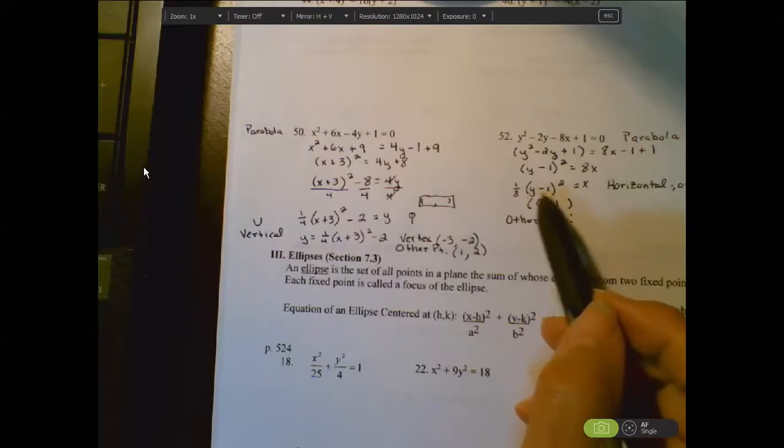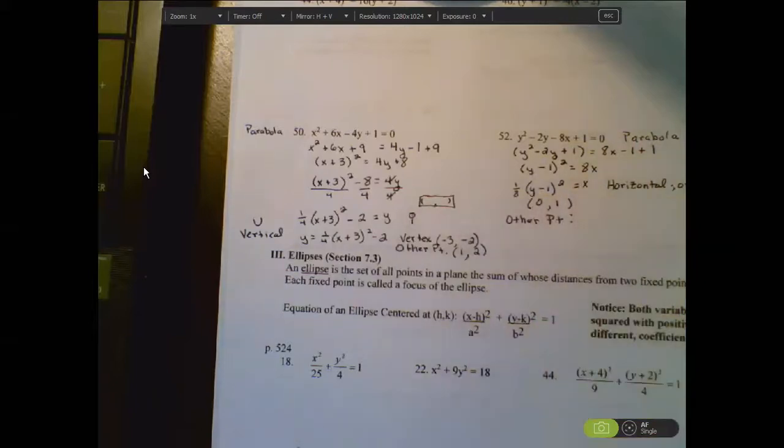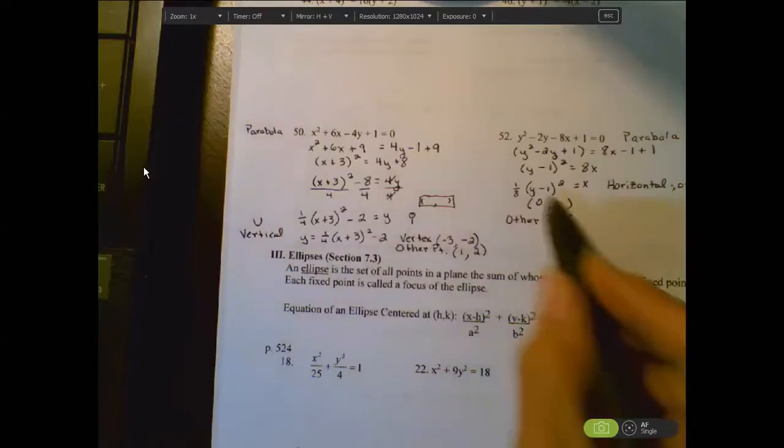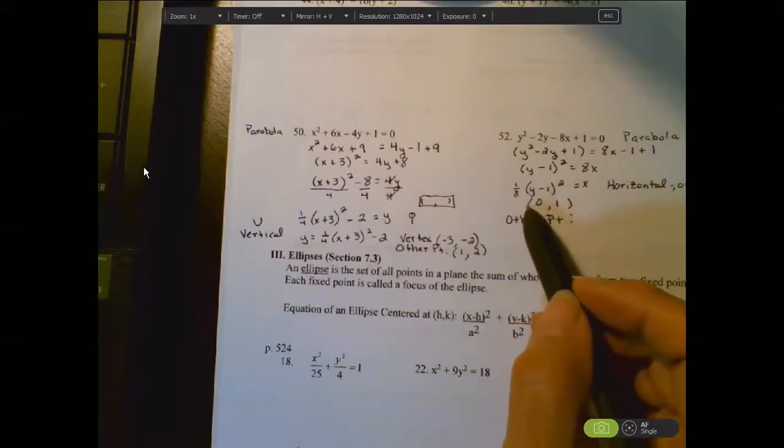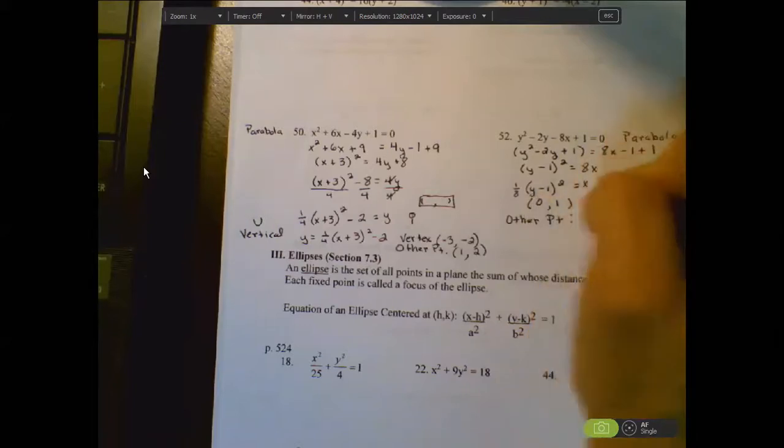What could I let y be to make the value inside of the parentheses equal 8? What can you subtract 1 from and get 8? 9. Yes. Just let y be 9.